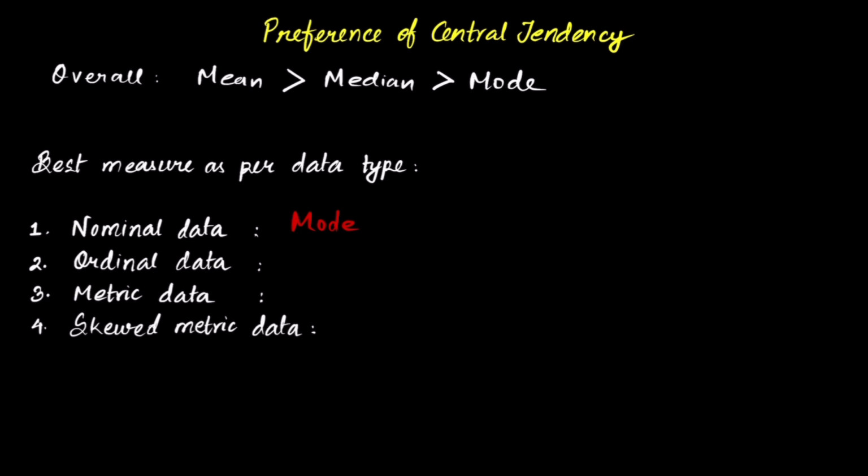Again, there is an order of variables. During calculation of which central tendency do you need an order? You need an order of the data during the calculation of median. So for ordinal data, the best central tendency is median.